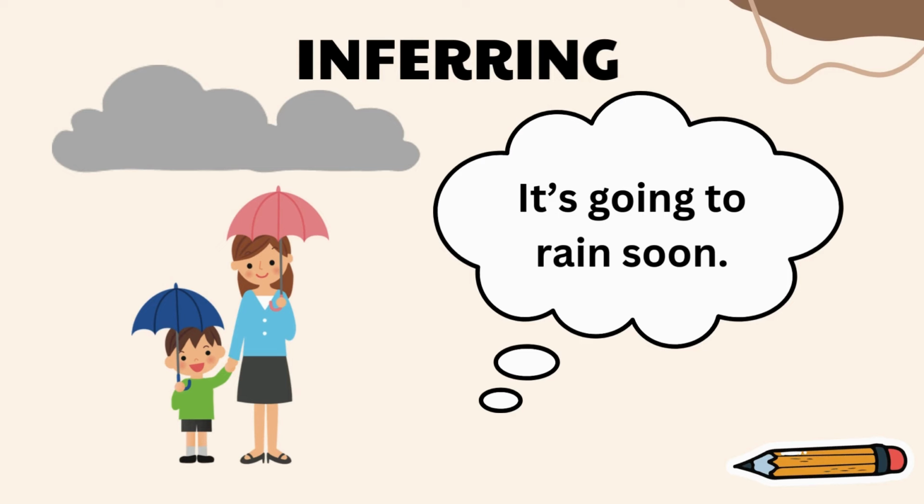Instead of someone directly telling you something, you look at the clues or evidence around you and use your brain to figure out what's likely true. For example, if you see dark clouds in the sky and people carrying umbrellas, you might infer that it's going to rain soon, even if nobody says it's going to rain. You're making a smart guess based on what you observe.